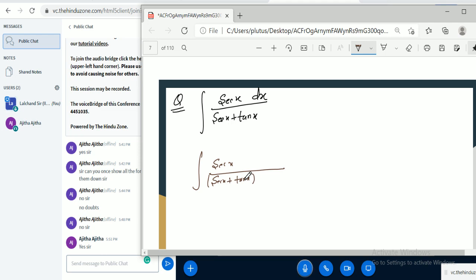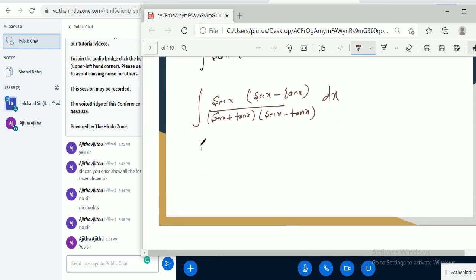If we multiply and divide by sec x minus tan x, numerator and denominator, sec x minus tan x into dx, the denominator will be sec square x minus tan square x, and the numerator is sec x into (sec x minus tan x) into dx, isn't it?